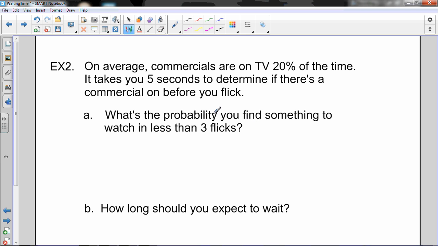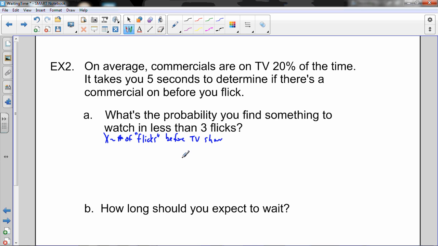Notice that here we could think of this as waiting through failures until we flick to a TV show. So here, this is waiting time. X is the number of flicks or failures before you get a TV show, right?